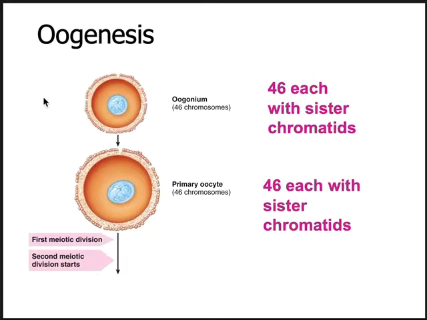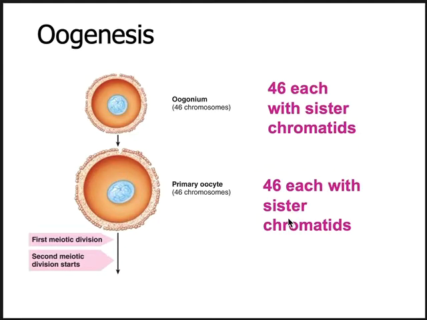So you have tons and tons of these oogonium, and then once mitosis is complete, they can start going through meiosis. So the primary oocyte goes through meiosis, and it has the same identical amount of DNA as the oogonium.